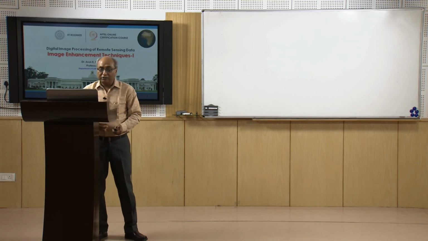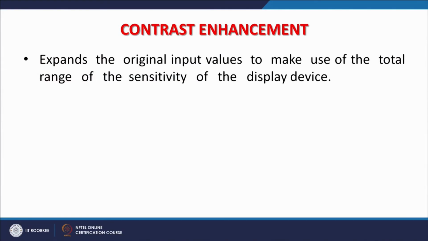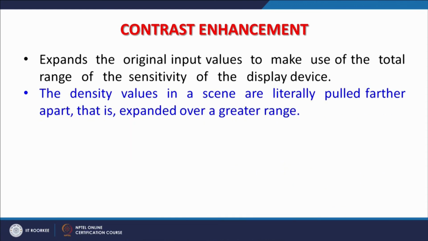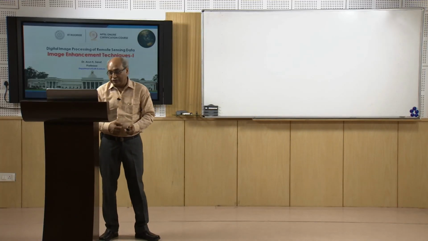So contrast enhancement expands the original input values to make use of the total range of sensitivity of display devices, and the density values in a scene are literally pulled further apart and expanded over a greater range. That is why I am using the word stretching.